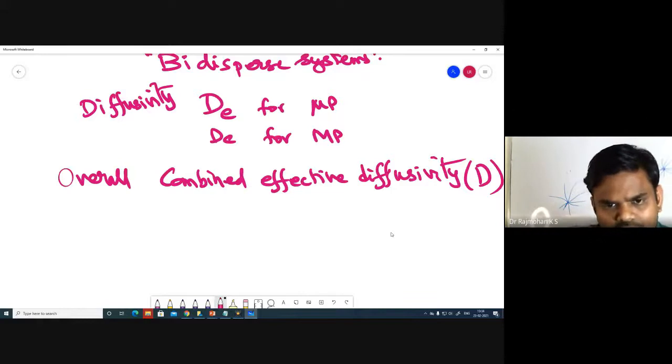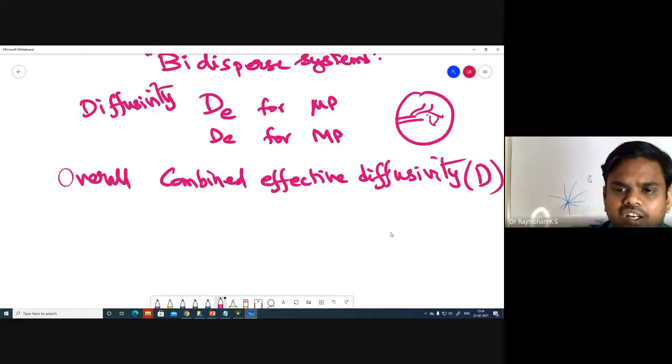Actually, these two can be related using a relationship proposed by Smith. Based on the different models, whenever micropores and macropores are both present, some model has to be considered.